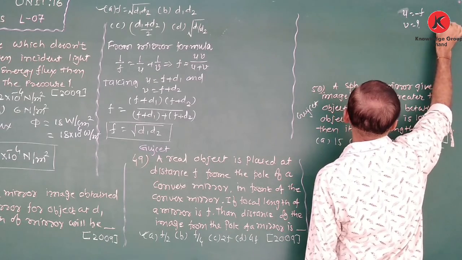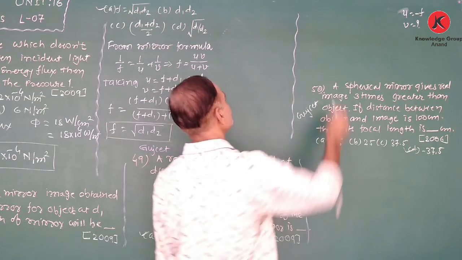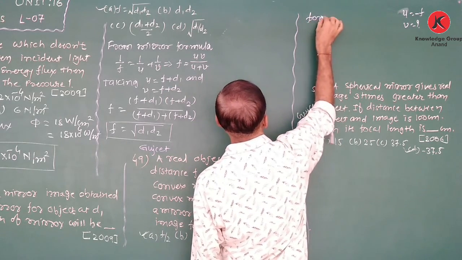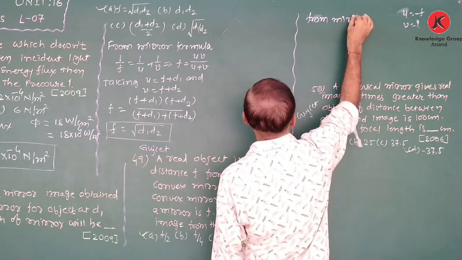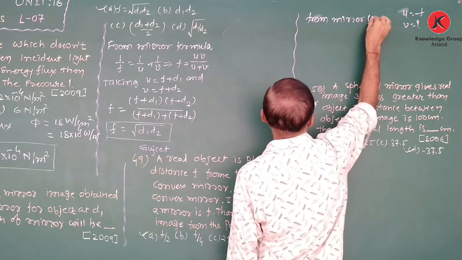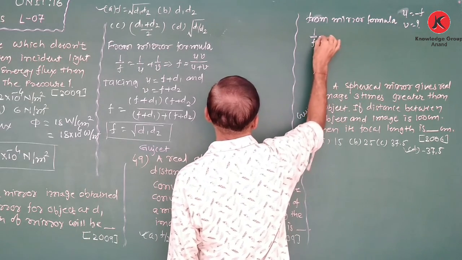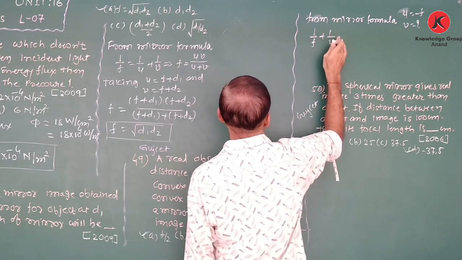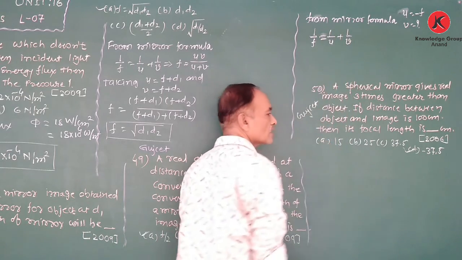The focal length is also f. We are using the mirror formula. Mirror formula is 1 upon f is equal to 1 upon u plus 1 upon v.